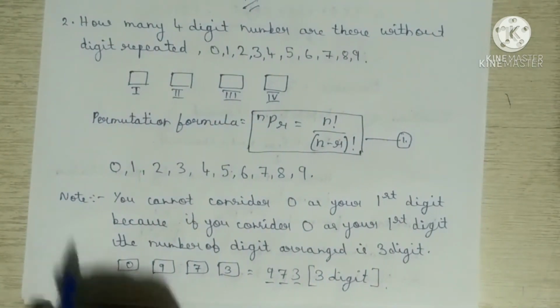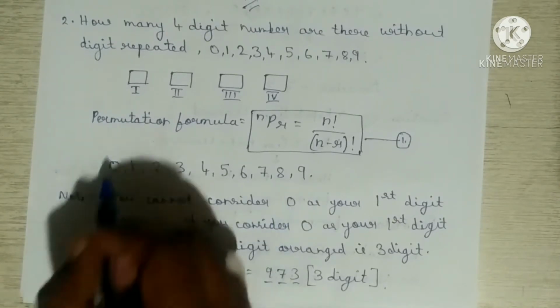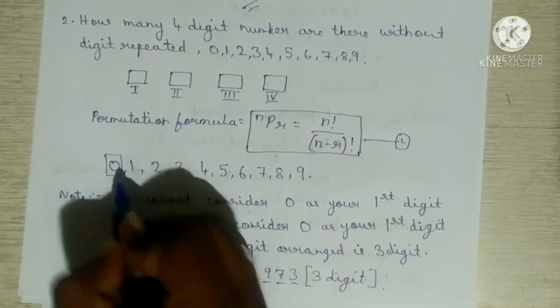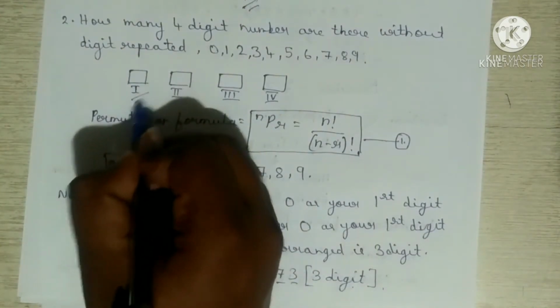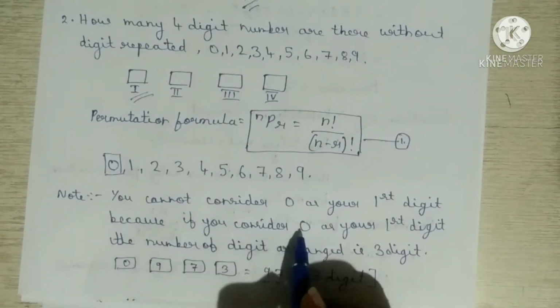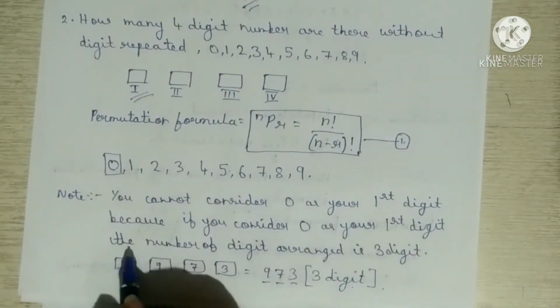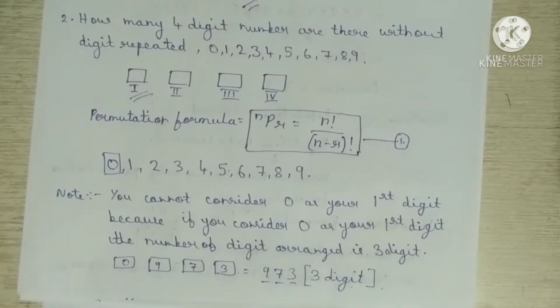Note, this is very important. You cannot consider 0 as your first digit, because if you consider 0 as your first digit, the number of digits arranged is 3.